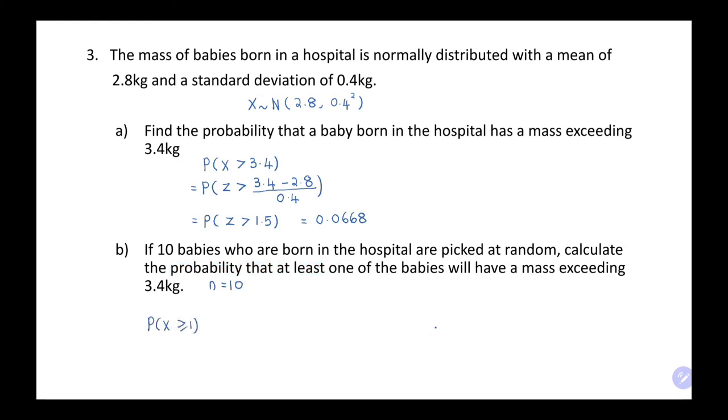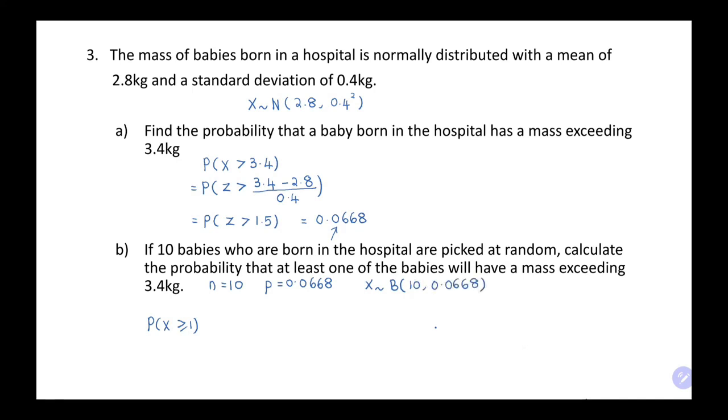The probability that a baby has a mass exceeding 3.4 is 0.0668, so our P is 0.0668. Since we have n and p, we use the binomial distribution with n 10 and p 0.0668.